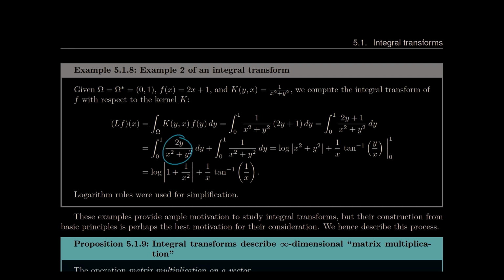And if I integrate this with u substitution, I just get the log of the denominator. If I integrate this with u substitution, I get 1 over x arctan y over x. And then I'm going to evaluate these at my bounds of 0 and 1. If I use logarithm rules, I can simplify the logarithm once I've evaluated at 1 and 0 to log of 1 plus 1 over x squared. And then the arctan, just recall arctan at 0 is 0, so that's why that term no longer showed up.